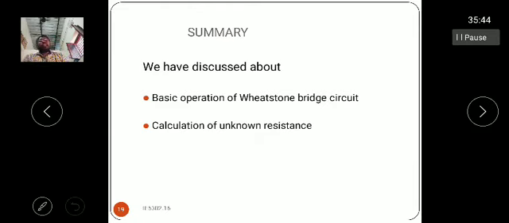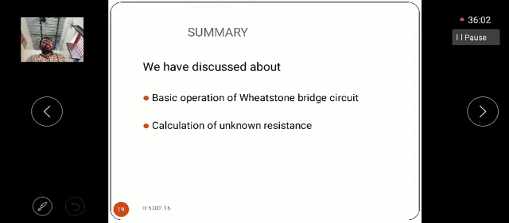Between the opposite arms of the bridge we connect the galvanometer, and across the remaining two opposite arms we connect the supply, a DC supply, because the Wheatstone bridge is a DC bridge circuit.